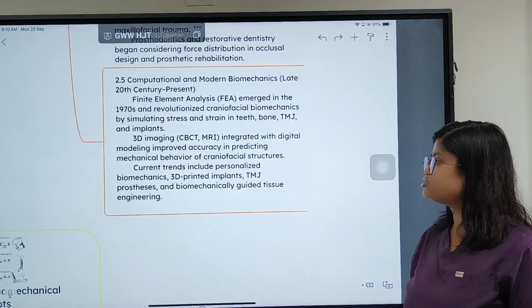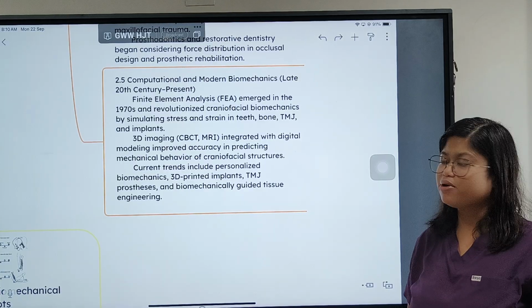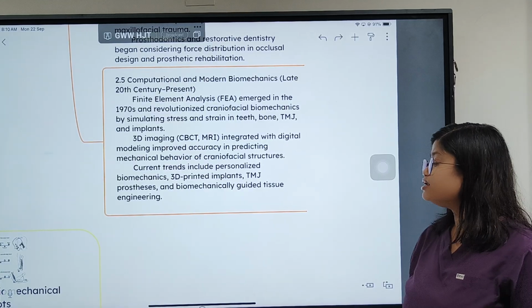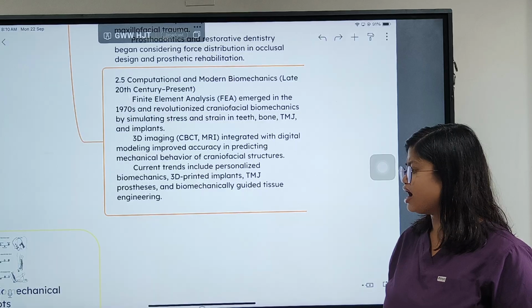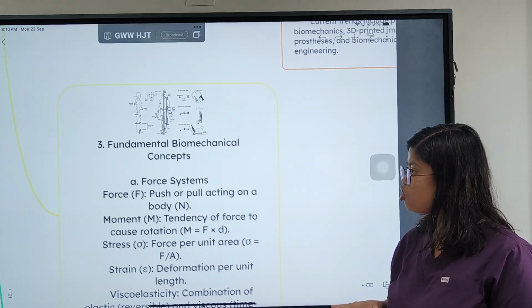Current trends include personalized biomechanics, 3D printed implants, TMJ prosthesis and biomechanically guided tissue engineering concepts.